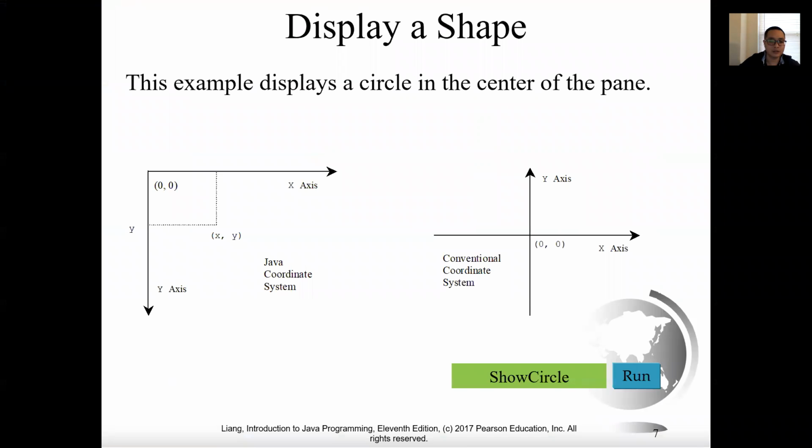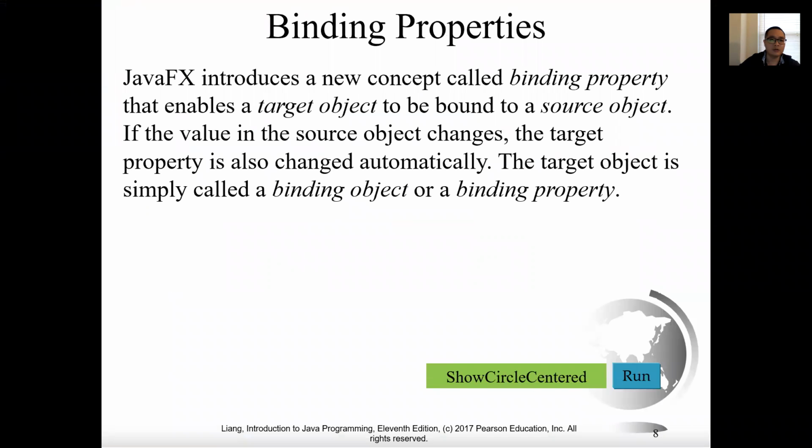So next, let's continue on some interesting properties of JavaFX. As you can see, it is hard for us to move the circle when we change the size of the window, right? The circle won't adjust its location by itself when we change the size of the window.